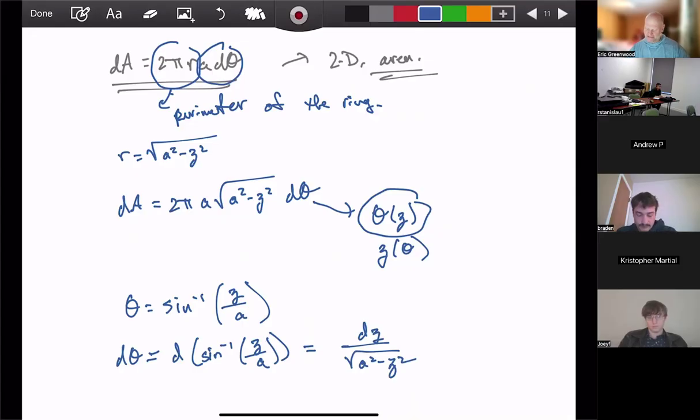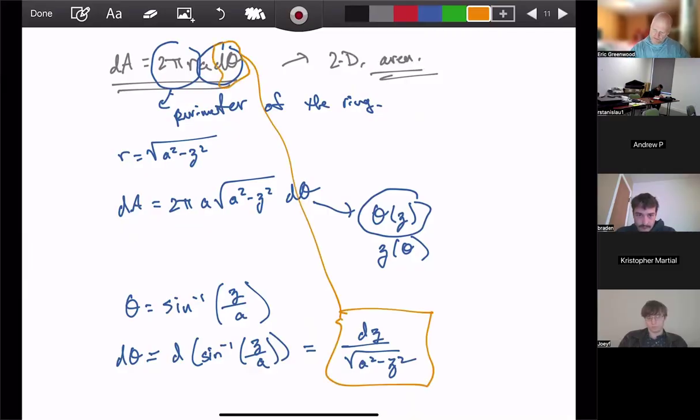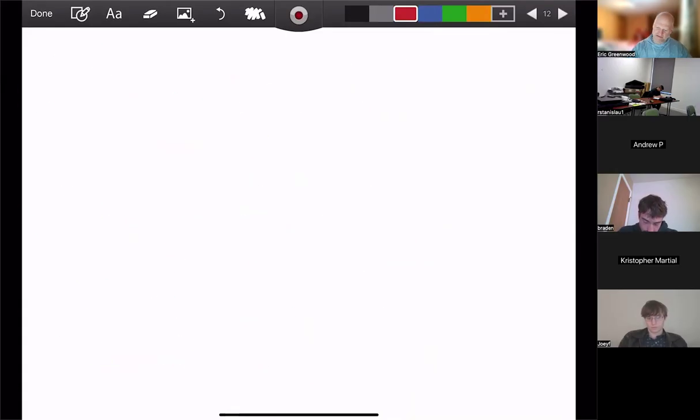Okay. So basically, all we're going to do is replace this into here, or more appropriately, this into here. So this and this are going to cancel, which means ultimately my differential area is going to become equal to 2 pi a dz.